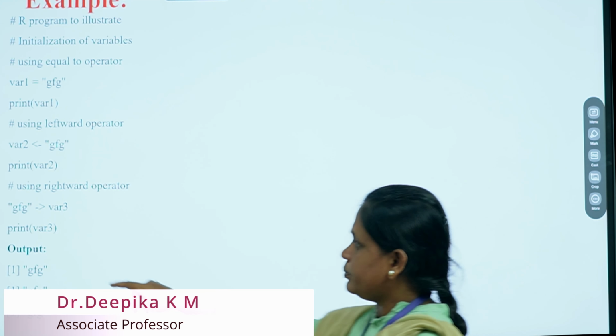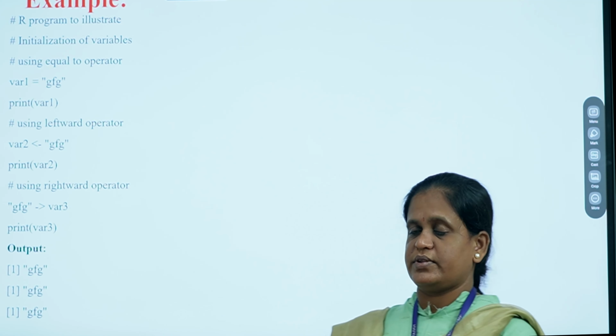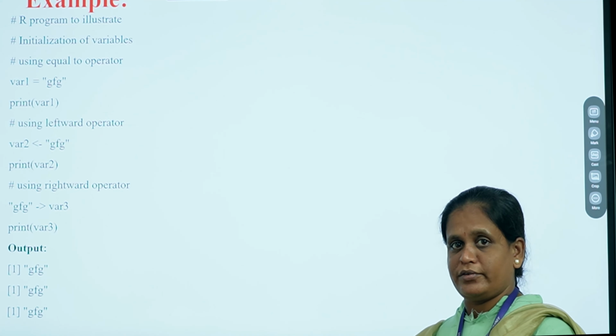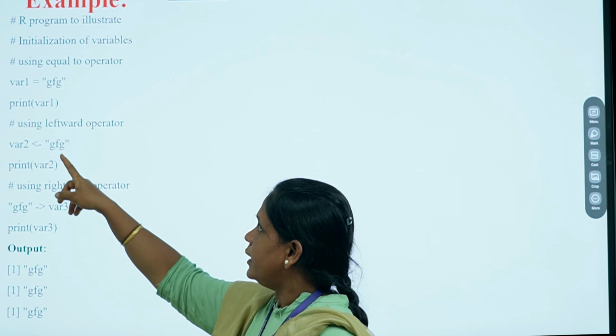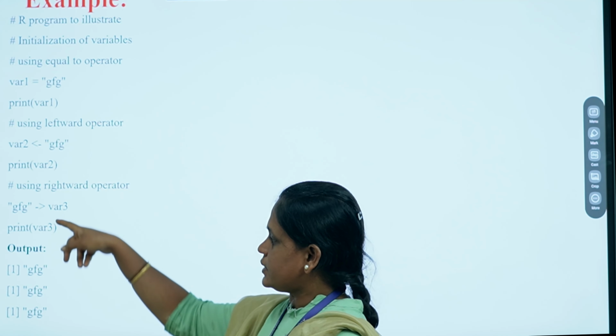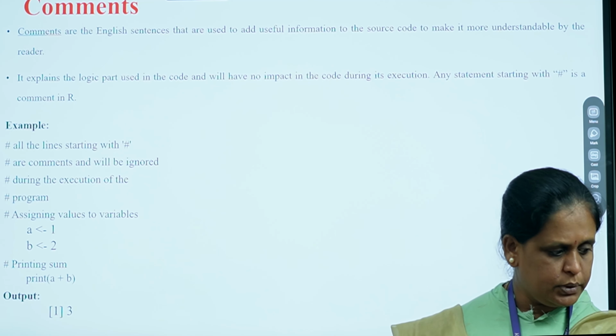At the same time, we display the values in all 3 possible ways: the right arrow operator, left arrow, and equal to. Using the leftward operator and rightward operator, it just assigns the same value to that particular variable.